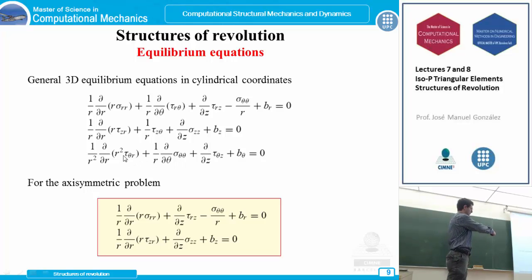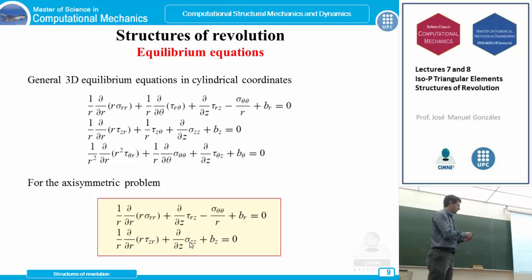So this third equation in fact vanishes because it's 0 equal to 0, and we keep these first two equilibrium equations, which are the ones that govern our axisymmetric problem, involving the radial component of the stress, the tangential stress Rz, and the body forces in radial direction and vertical direction, and this vertical stress here. So these are the two equilibrium equations used in the axisymmetric problem, which simplifies the 3D problem.